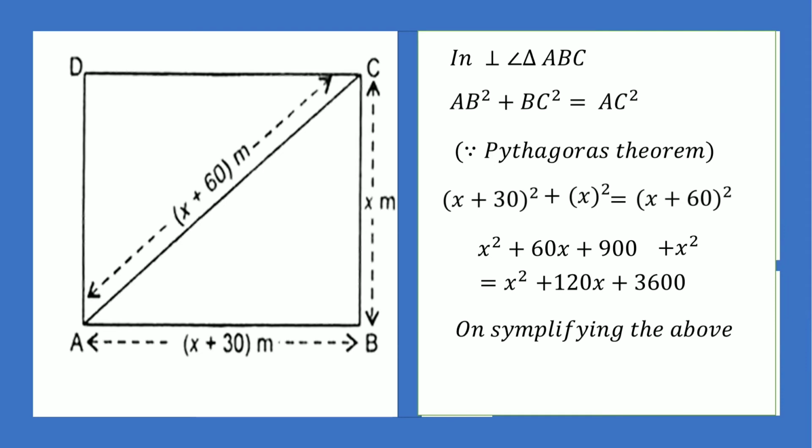On simplifying, x² transposes to this side, and it becomes x² − 60x − 2700 = 0.